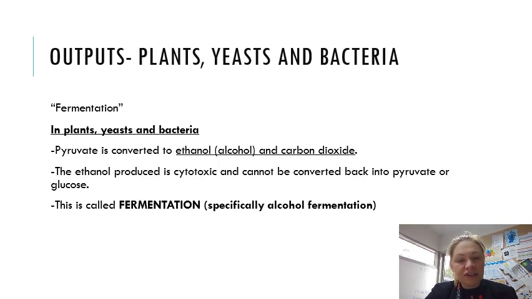In plants, yeast or bacteria, this process of anaerobic fermentation leads to the production of ethanol, which is a type of alcohol, and carbon dioxide. Okay, so it's a little bit different. We get different byproducts at the end, but the process to get them is the same.